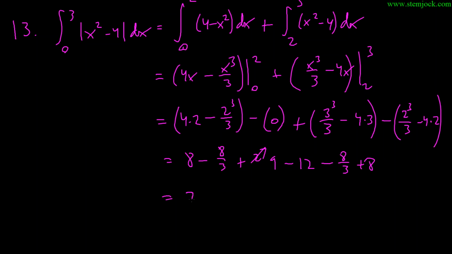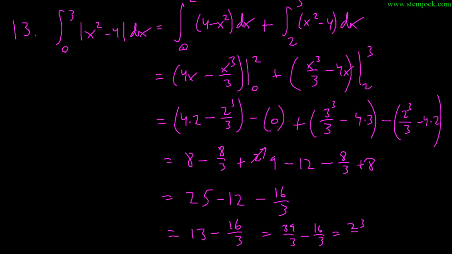So I have 25 minus 12 minus 16 over 3. So this is 13 minus 16 over 3. This is 39 over 3 minus 16 over 3. This is 23 over 3. And this here is our answer.